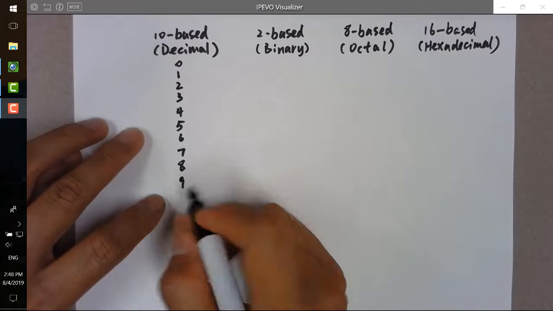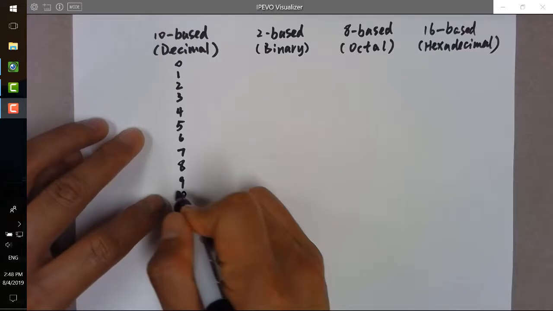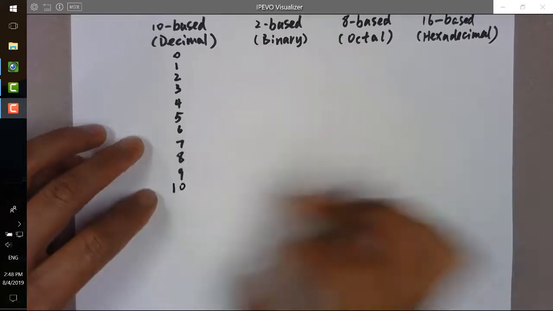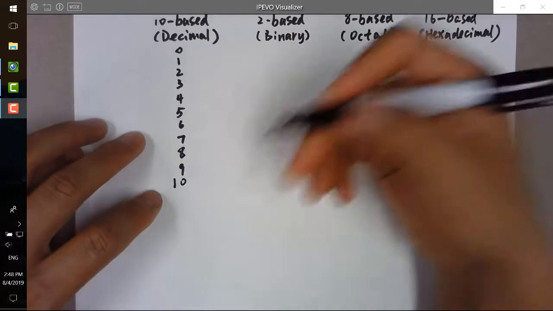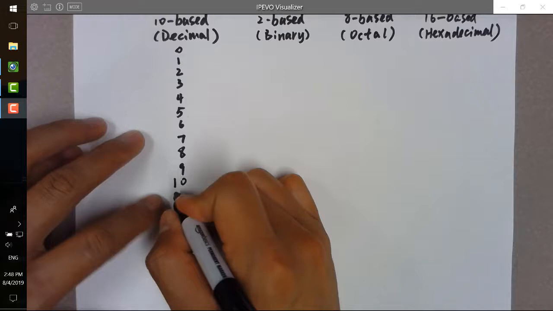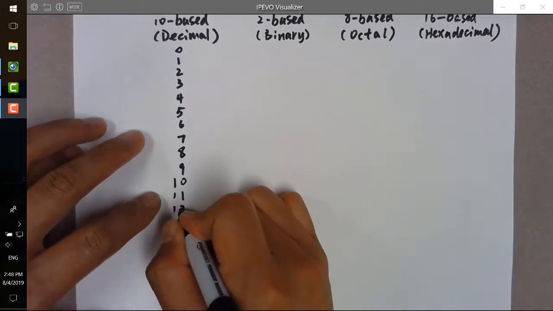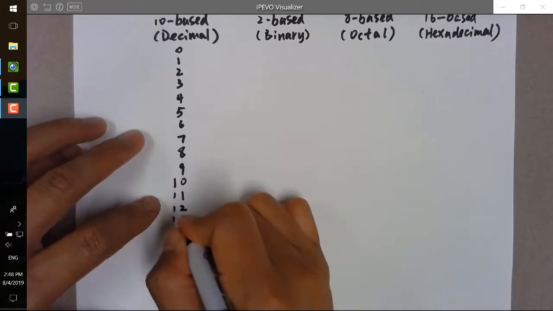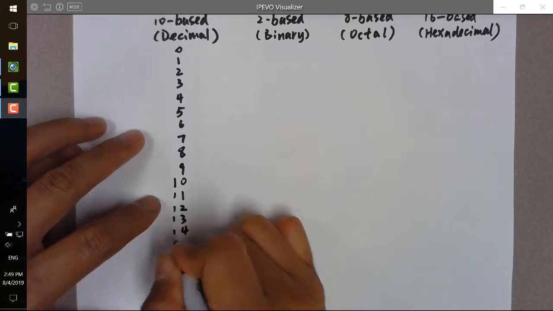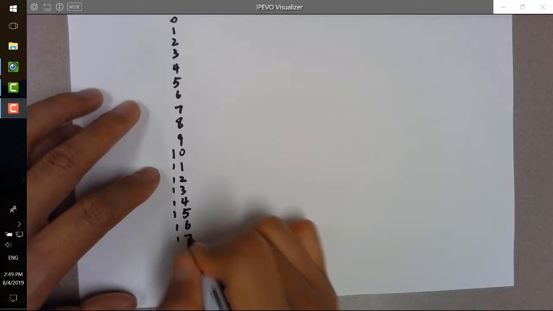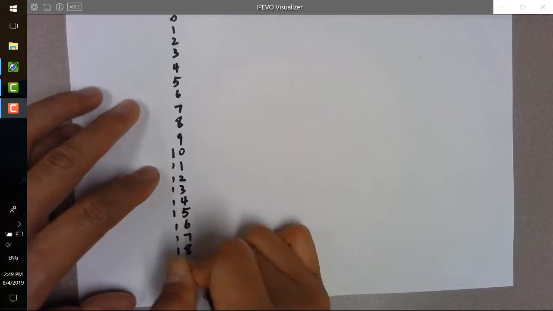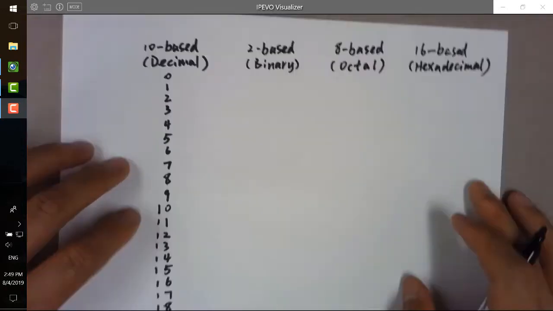So we have to reset this digit to 0 and then get a carry here. So it's going to be 1 0, which we call 10, but actually it's just 1 0. And then 1 1, 1 2, 13, 14, 15, 16, 17, 18, 19. Let's just stop here.